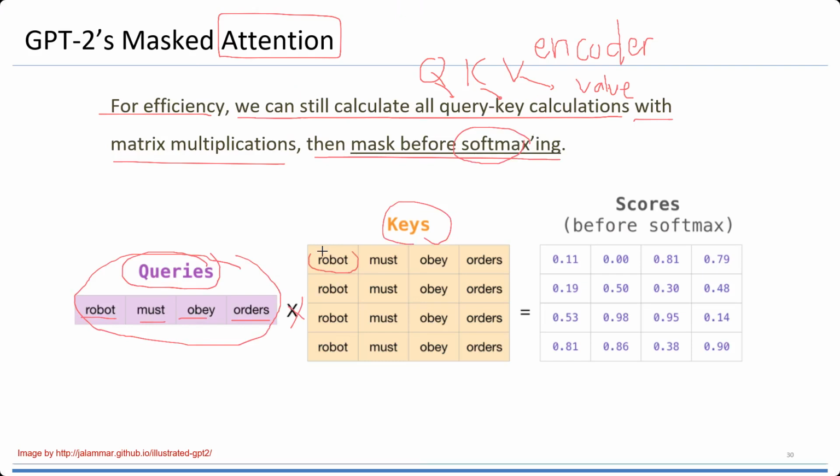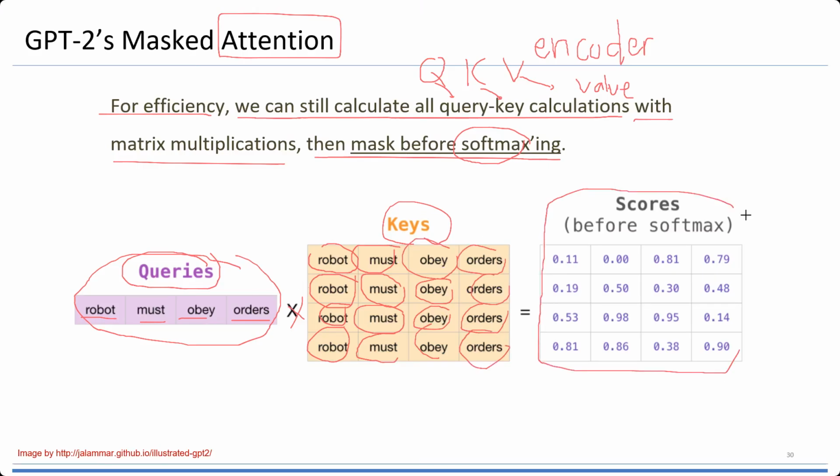So it means we have the embedding for the robot. We have the keys for the embedding of must. We have the keys or the embedding for obey and the orders. And once we multiply, let's say we have the scores. And this is the scores before we do the softmax.